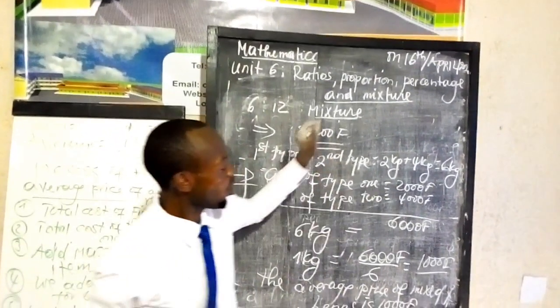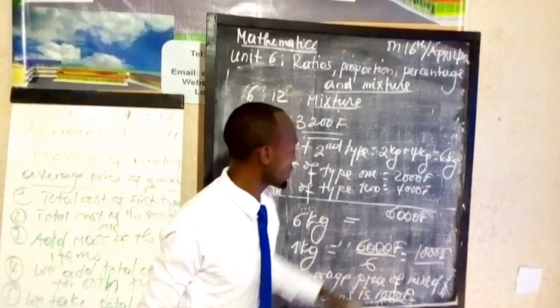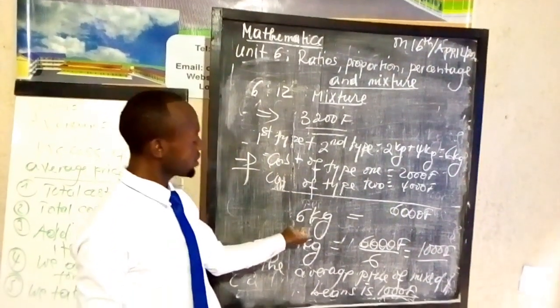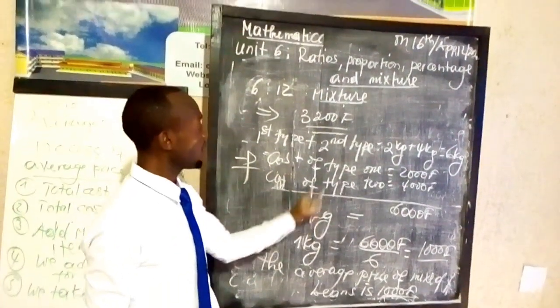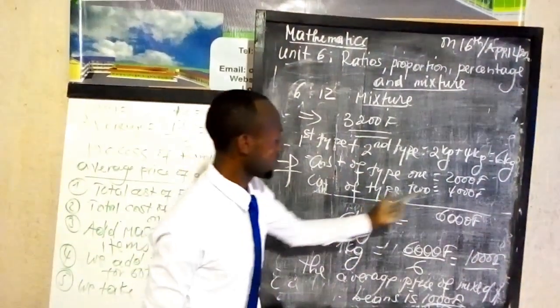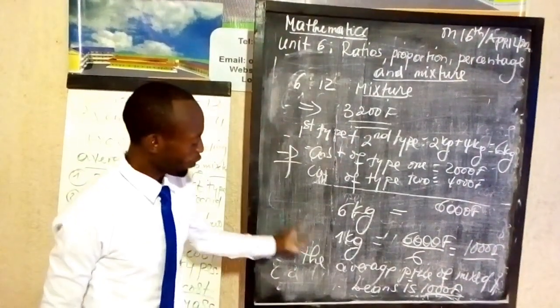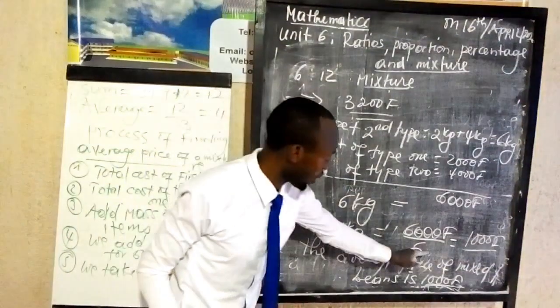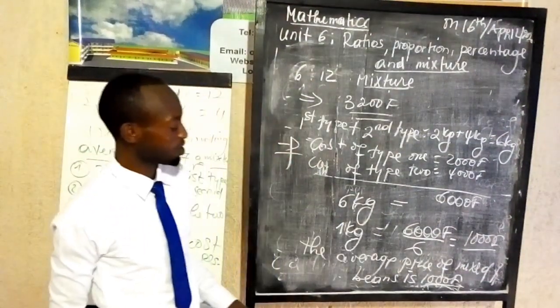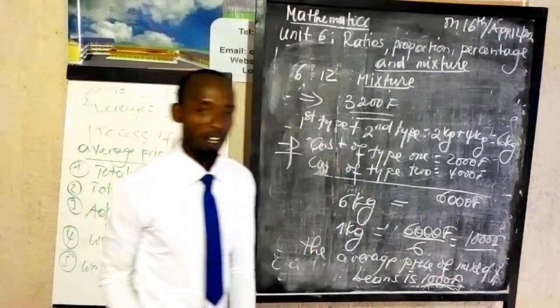This means that this 6,000 francs was the cost of the first type plus the cost of the second type, which corresponds to the total mass of the first type and the second type. To find the average price, we take the total cost divided by the number of items. See? That is the reason why we get 1,000.